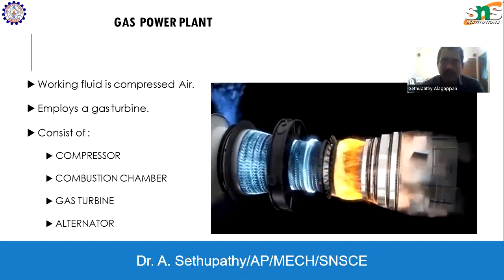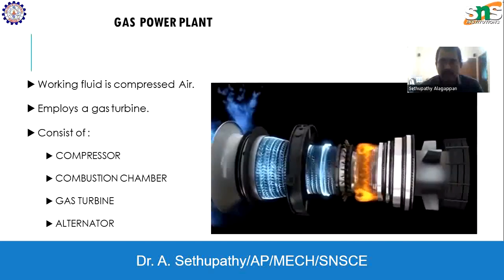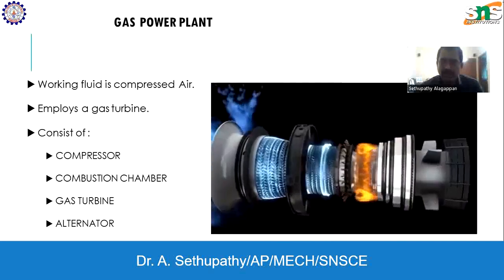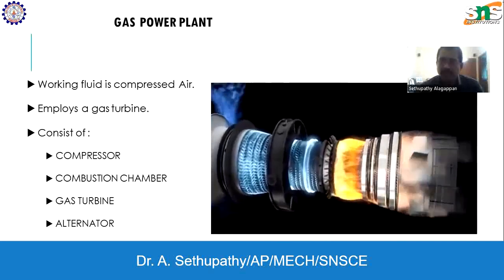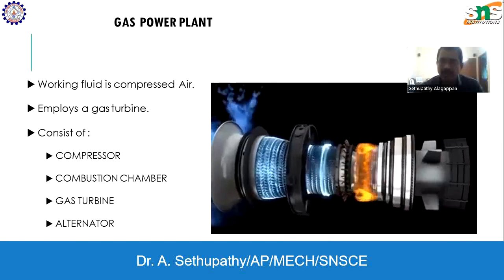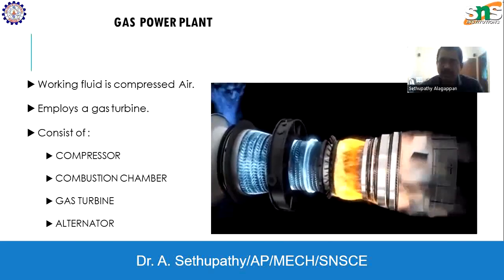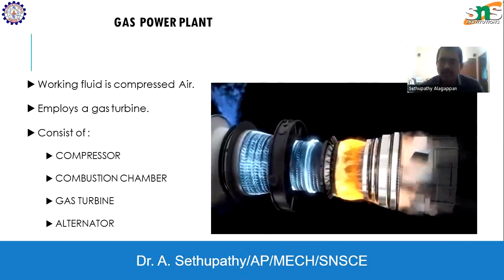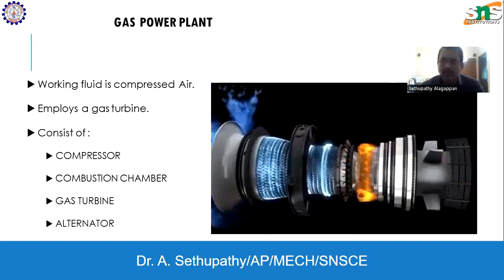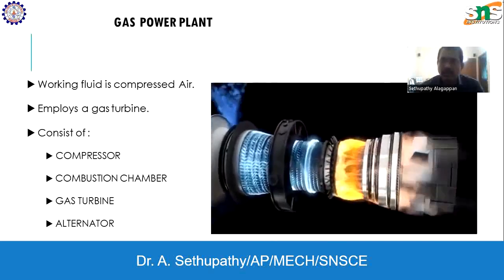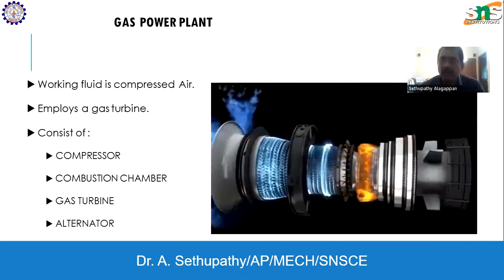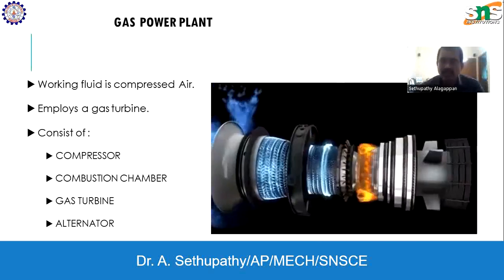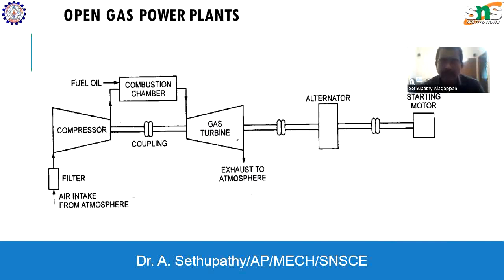Atmospheric air is sucked in by the compressor, at the low pressure level and high pressure level, and the air is passed through the combustion chamber. In the combustion chamber, there is a fuel mixer. The compressed air and fuel mixture is burned. The burned gas flows through the pipes and hits the turbines. The turbines will be rotated. This is the basic concept of gas turbine plants.